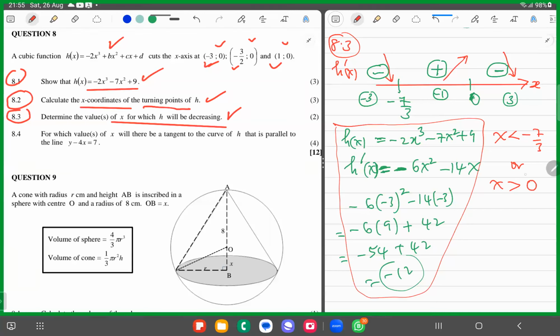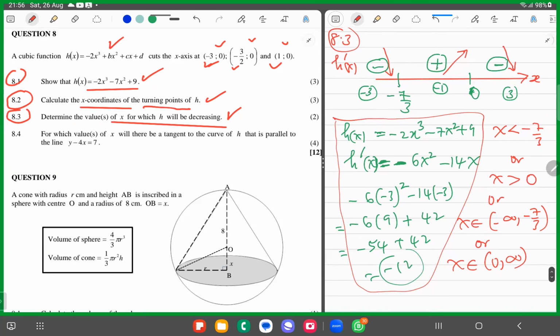Or if you want, you can say x is an element of the interval from -infinity to -7/3, or x is an element of the interval from 0 to infinity. Like this.